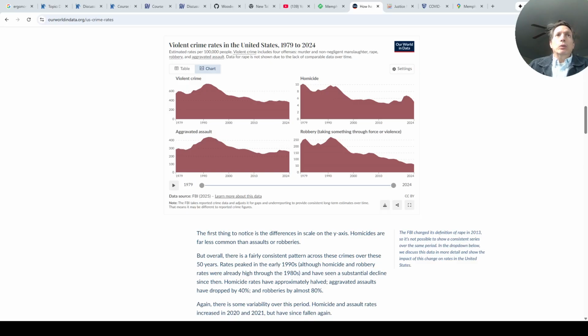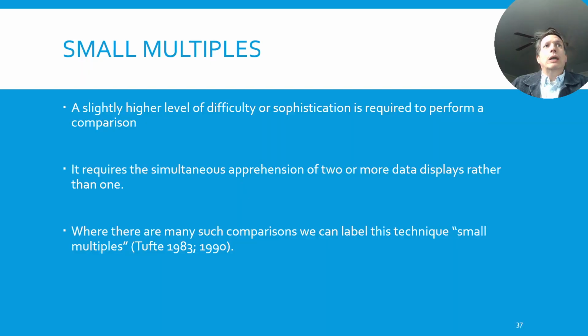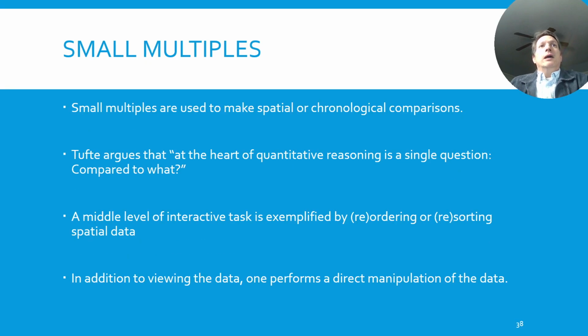Then these small multiples have the power to allow us to do comparisons. And of course, that's why we have more data displays to generate the comparisons, either through variables, or through the locations, or through different observations. And we can use this both for spatial or chronological comparisons.